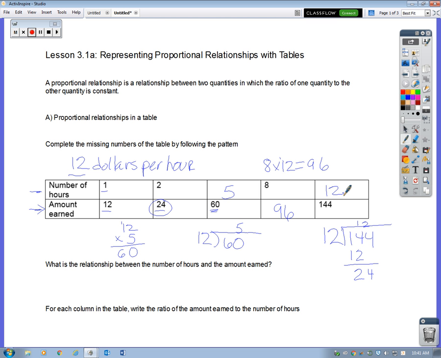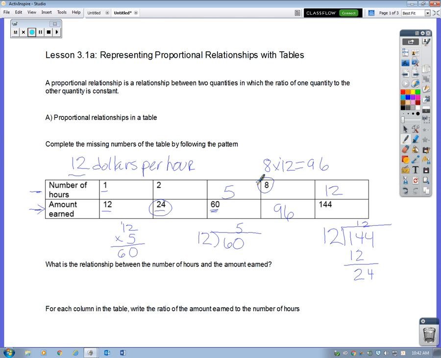And as we go up, the number of hours is going to be multiplied by the amount earned per hour. So with our 8, we got 8 hours, $12 an hour, $96. So what is the relationship between the number of hours and the amount earned?